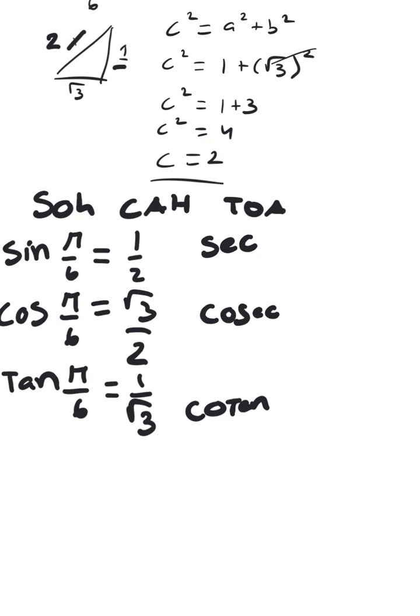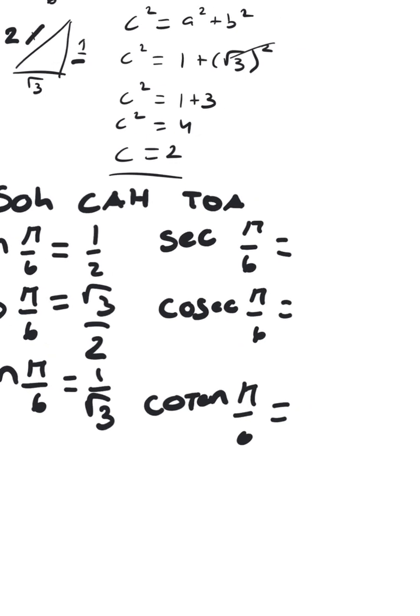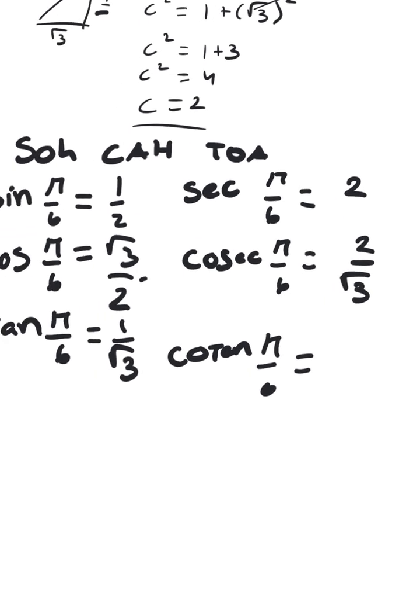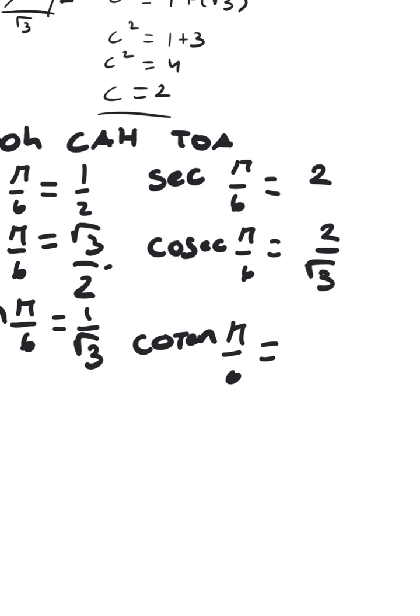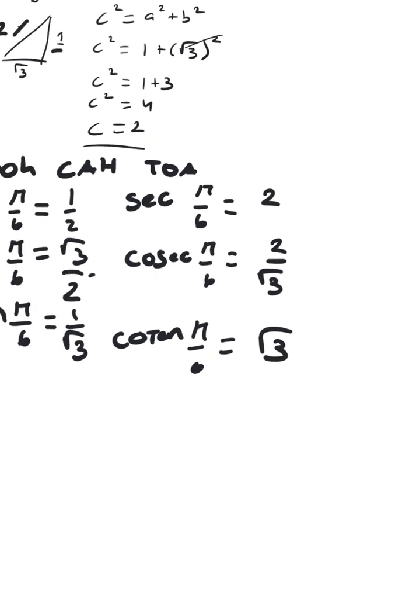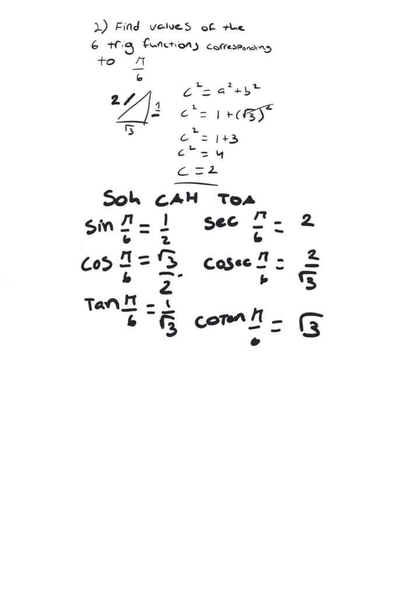So, let's keep it going here. Alright, so the opposite of this, opposite of 1/2 is 2. The opposite of this is 2 over the square root of 3. And the opposite of this is the square root of 3. So, these are your answers.